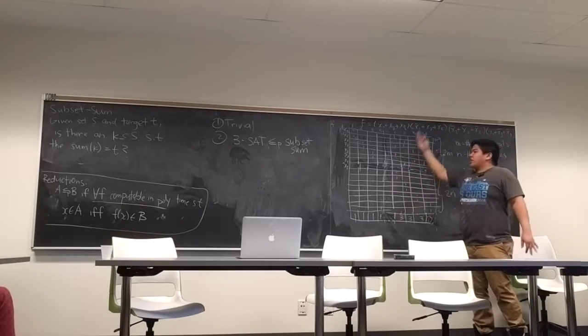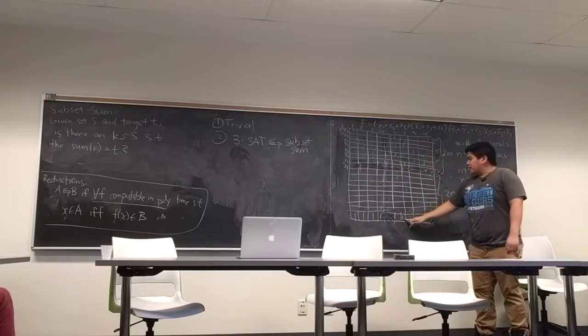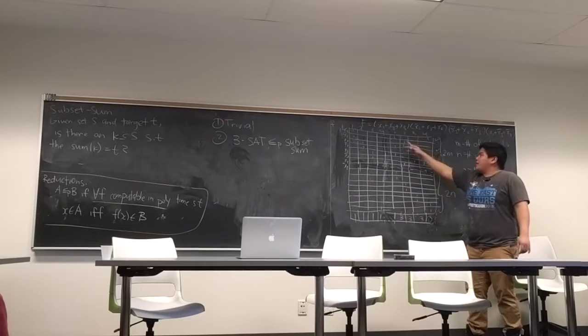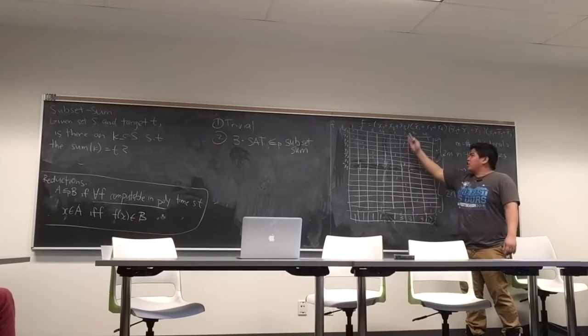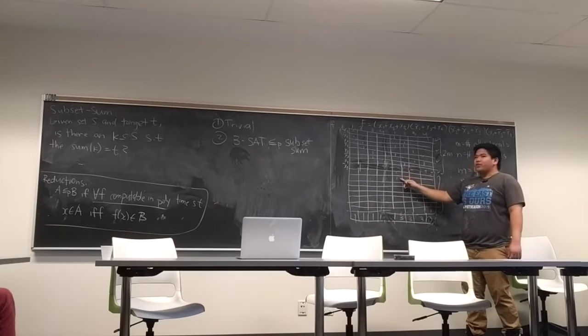Then we check the columns down this table. Now we want a sum of 3. The reason is that the row we pick needs at least one true literal for each clause, and we get 3 because we have 2 dummy 1s for each clause.